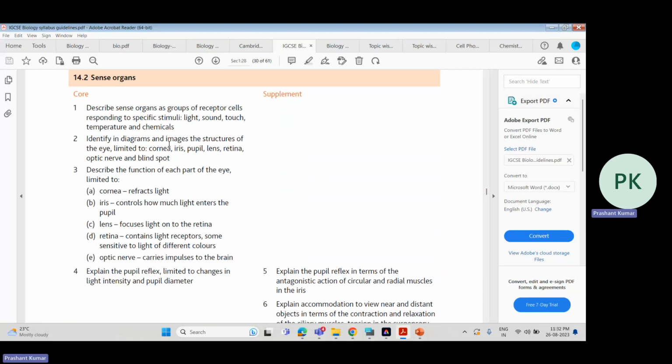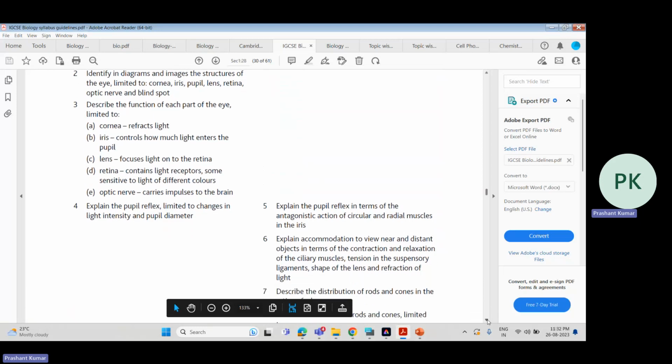In the diagram, as the topic is sense organs, we'll discuss the structure of the eye, limited to cornea, iris, pupil, lens, retina, optic nerve, and blind spot. And then we'll discuss the function of these parts.